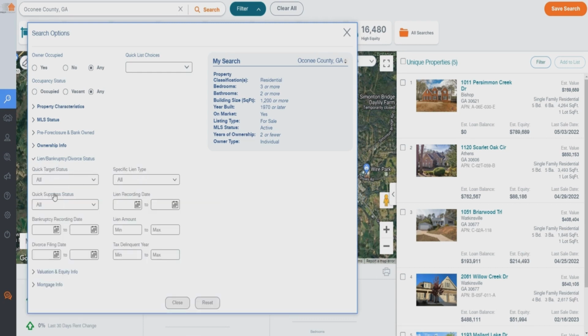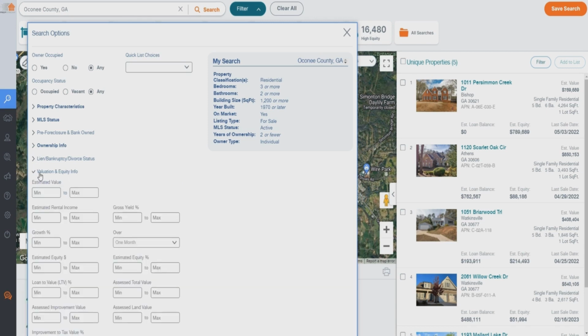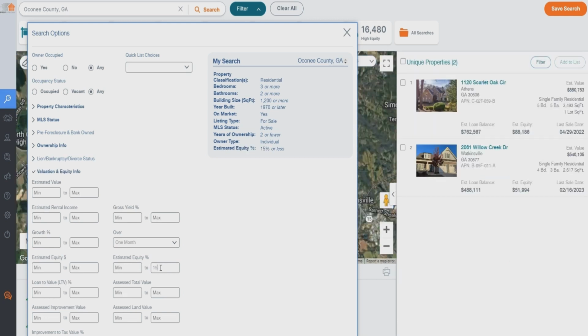Right now, it's under a default setting for all. For valuation and equity info, I am going to keep that off as well, although you will see some people put down 20% estimated equity max. So that would be this box over here. You'll also see maybe 15% max.